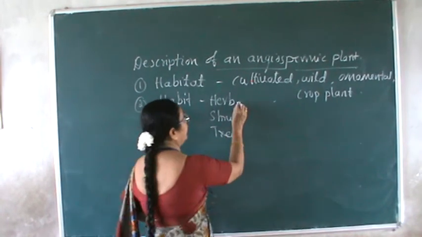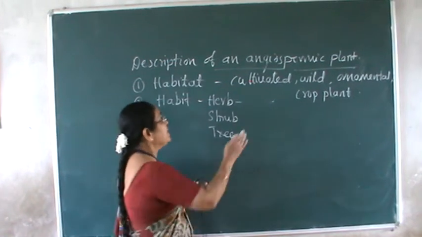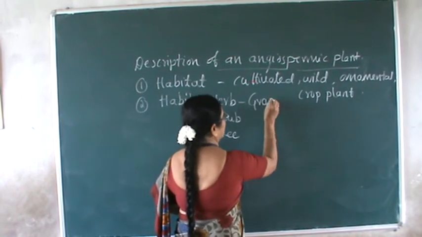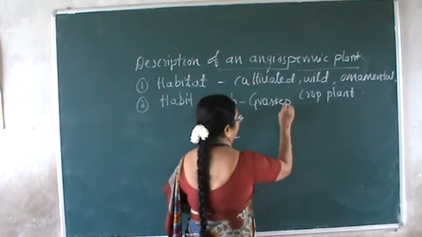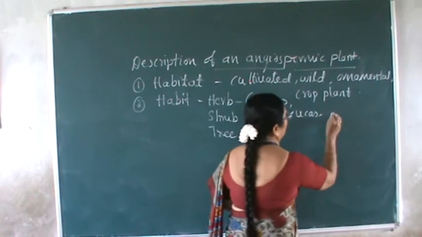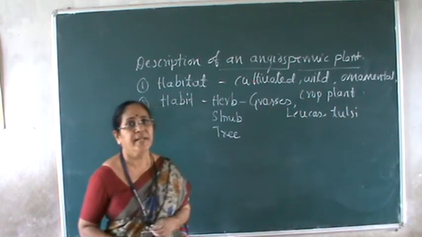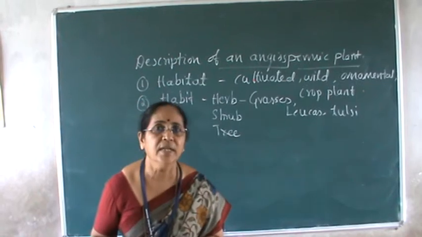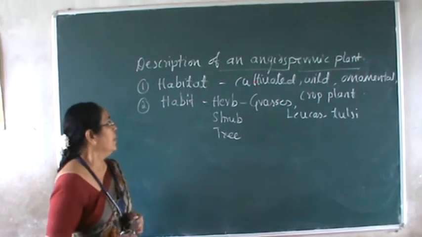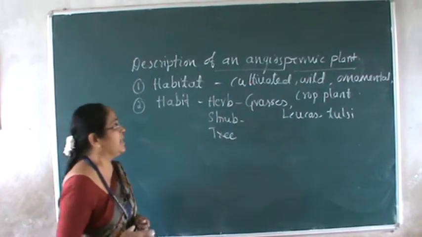Herbs are very tiny plants, very small plants. All these grasses, small grasses, Leucas, tulsi, they are all examples of the herbaceous nature. Small, tiny plants are called herbs.